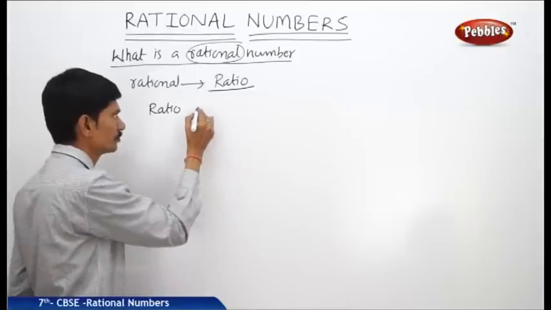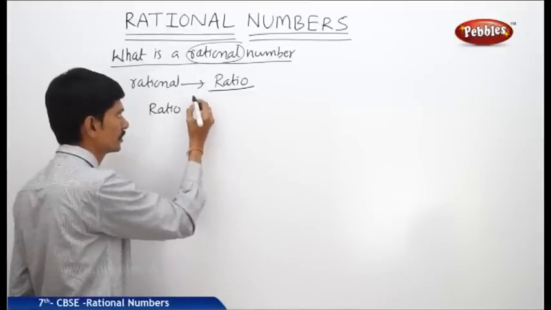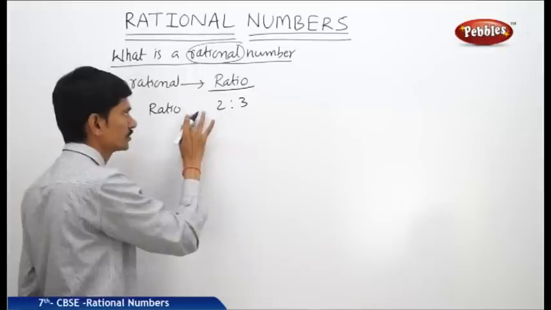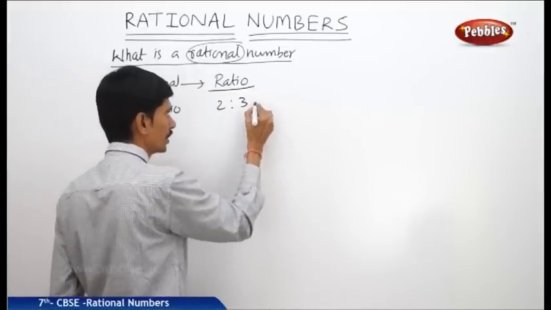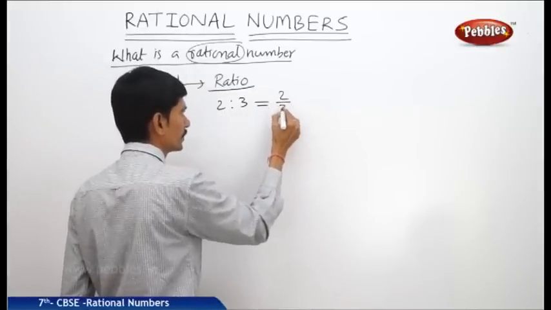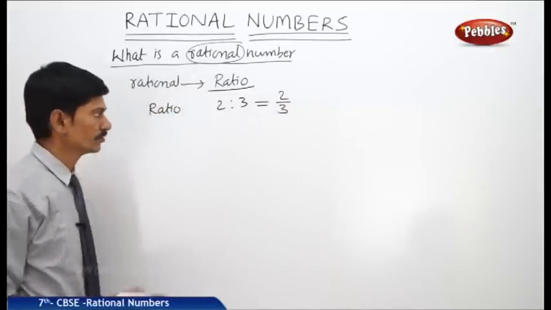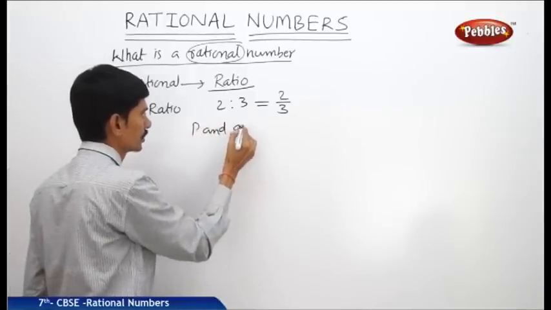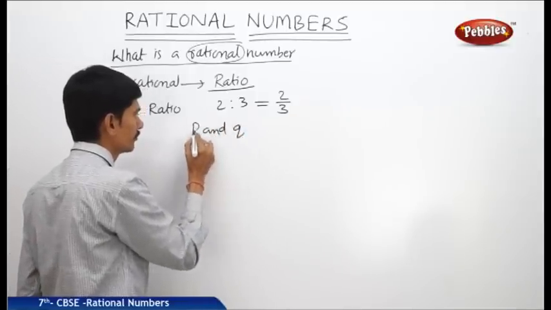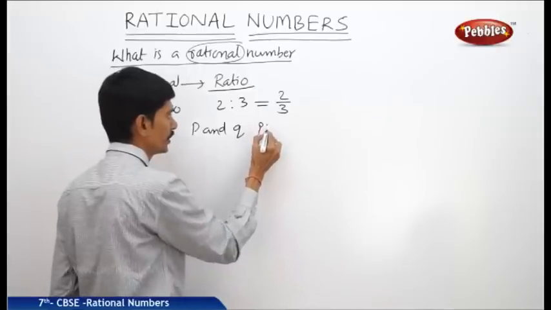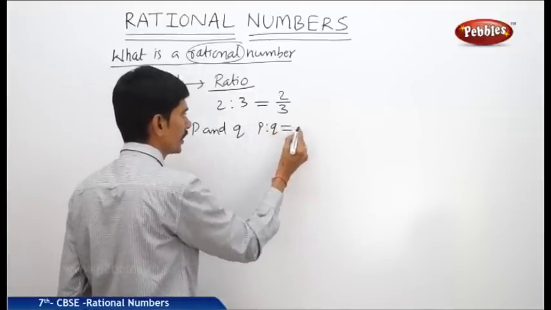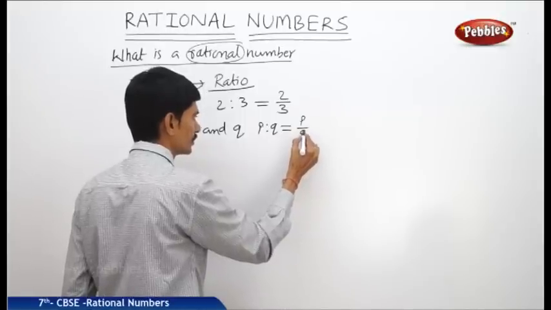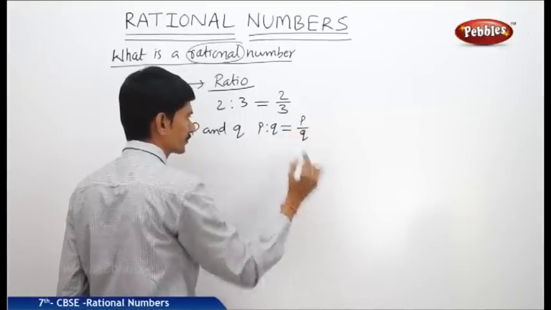Like if 2 and 3 are any two numbers, then the ratio is 2:3, and this ratio 2:3 can also be written as 2/3 as a fraction. If P and Q are any two numbers, then the ratio P:Q can be written as P/Q, as a fraction, in which a rational number can be expressed.